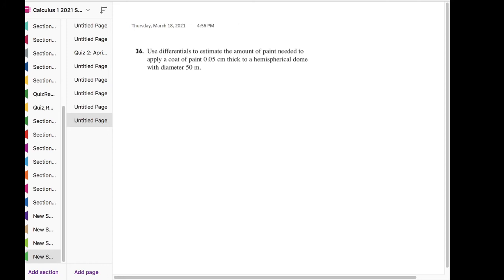So let's say you're painting a dome, and you want to find out how much paint you need. The dome is 50 meters in diameter, and you want to coat it with paint 0.05 centimeters thick.